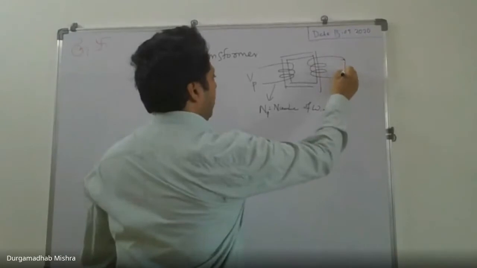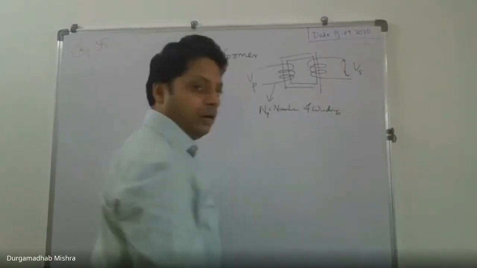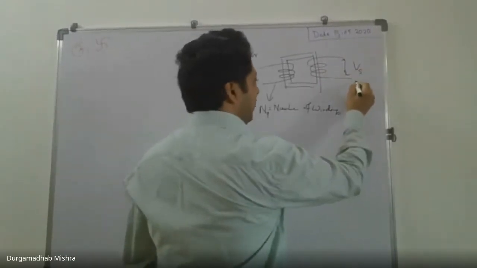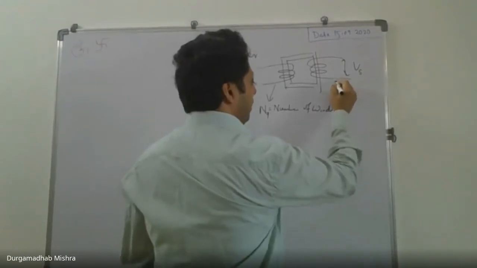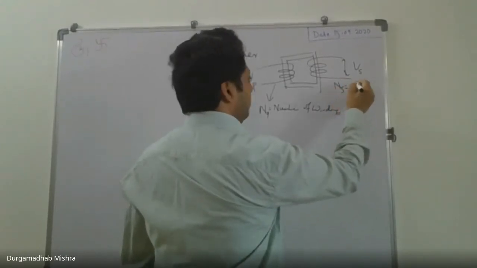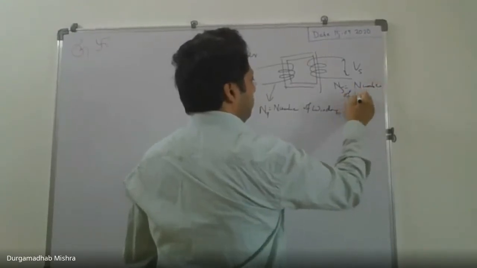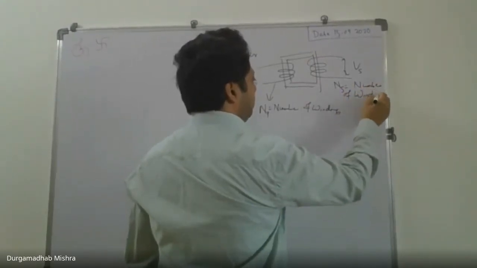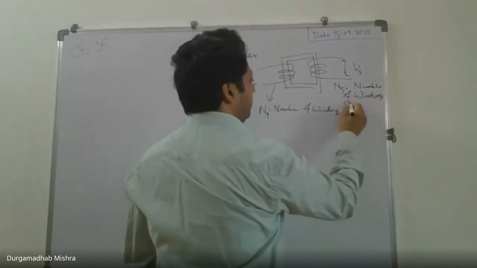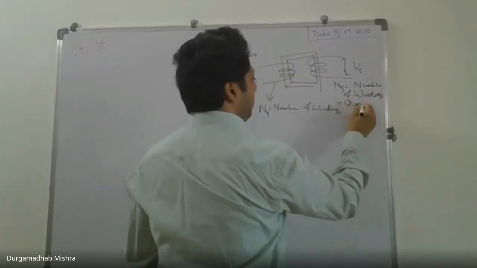Here I can calculate the output, which is the secondary coil, and NS will be the number of windings in the secondary coil.